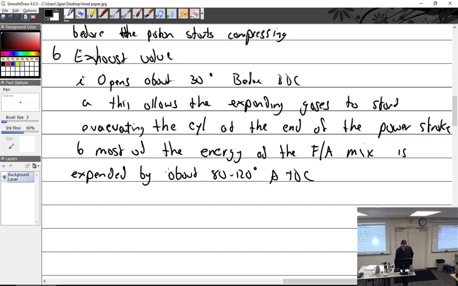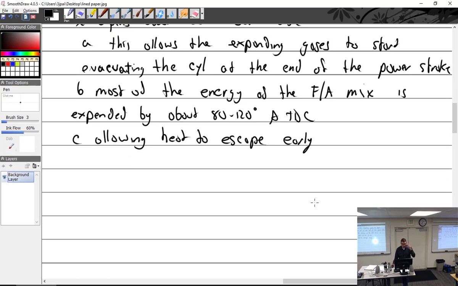So we don't want to keep that in there, so why not let it out? So allowing heat to escape early. I don't know if you want to call it early. I mean, it's done doing its job, so get it out of there.